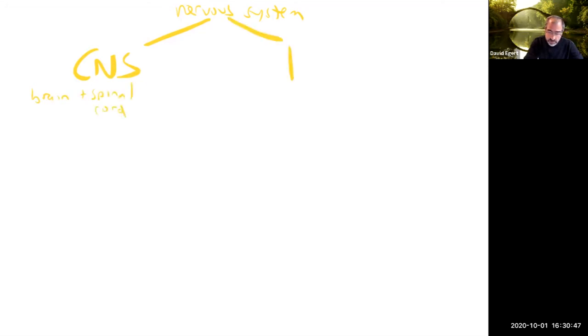Again, the whole nervous system: we talked about the CNS, which is the brain and spinal cord, and the PNS, which is going to be sensory versus motor. So far, this is what we have been writing on that previous page.